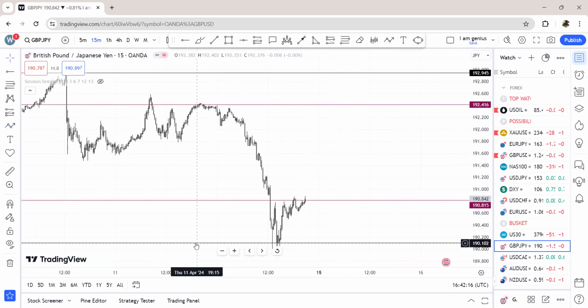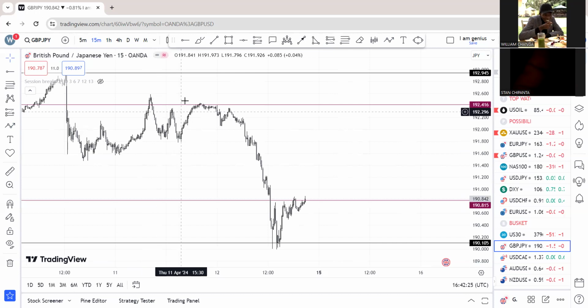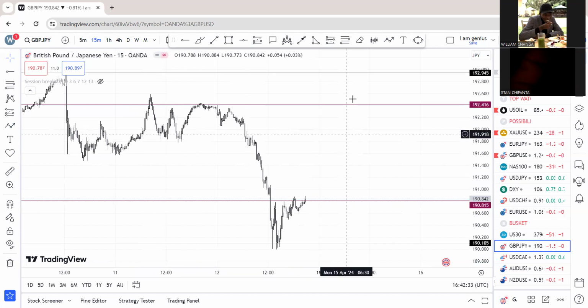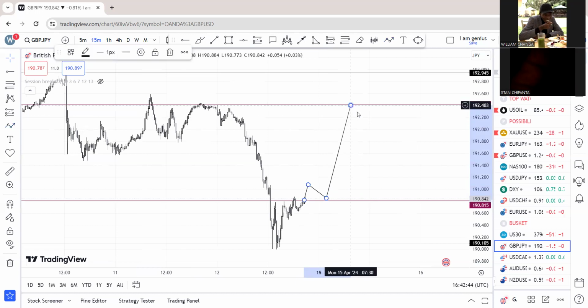You see that these black lines are for the daytime frame, and then these ones here are for the H1. So we're expecting that this market is either going to break, once it breaks that level, we'll wait for a retest, then we'll trade all the way to that point there.